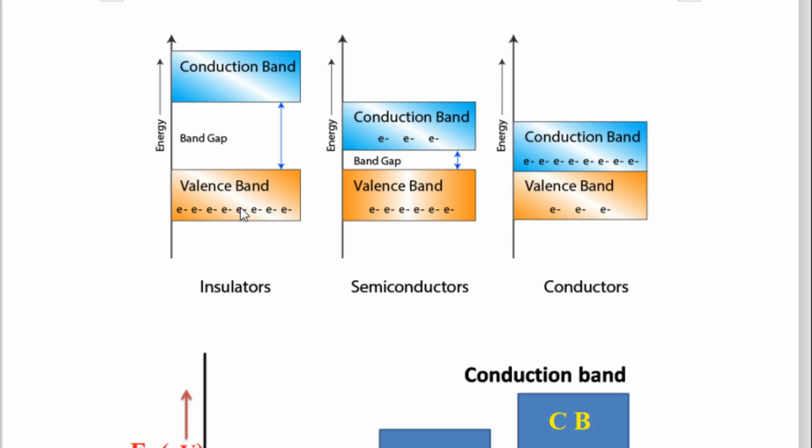Therefore you cannot detach an electron from the outermost shell, and therefore insulators are bad conductors of heat and electricity, because the bond is very strong. It cannot be broken. And see here, the energy gap between the valence band and conduction band is very large. In a semiconductor, the band gap is very small. In conductors, the two overlap, therefore electrons in the valence band are as good as electrons in the conduction band.